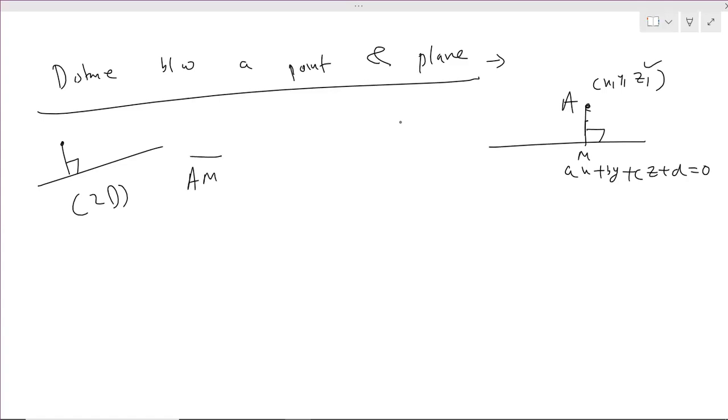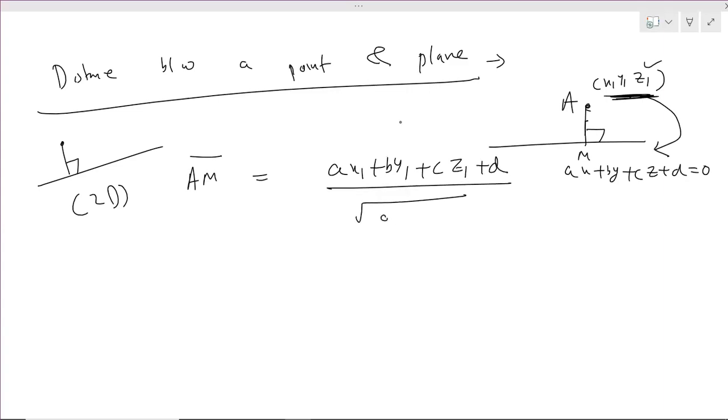So finding the length of AM is just putting the coordinates of the point in this equation. So mod of A x1 plus B y1 plus C z1 plus D upon the root of the sum of coefficient squares. Very simple formula.